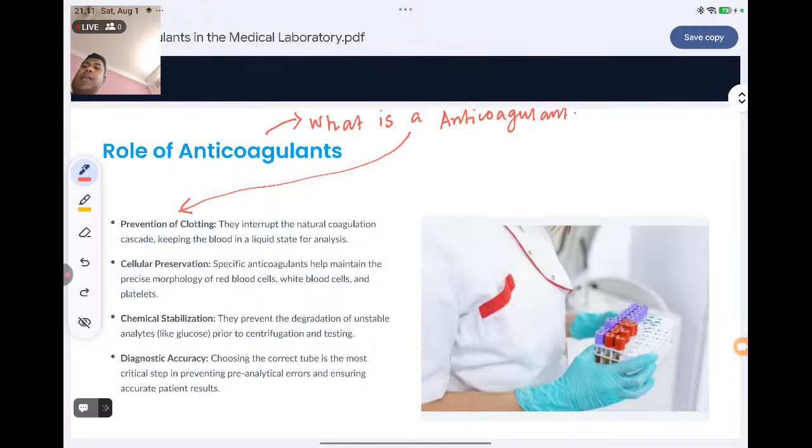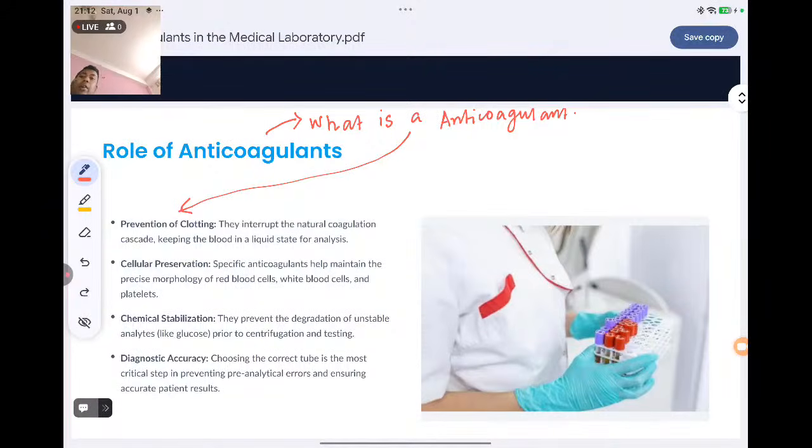So some of the tests in the laboratory require anticoagulants. So we can say that anticoagulant is a substance which helps us to prevent clotting of blood.